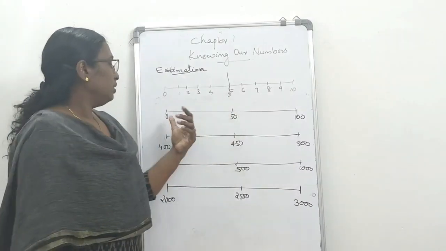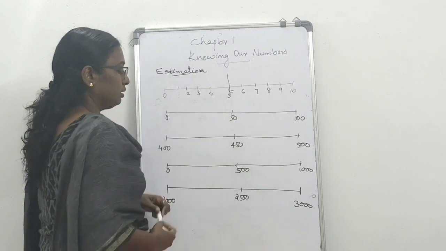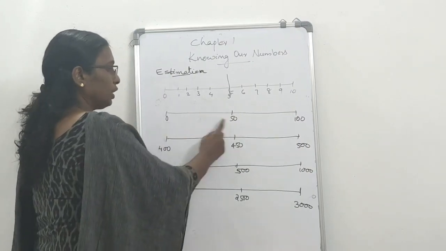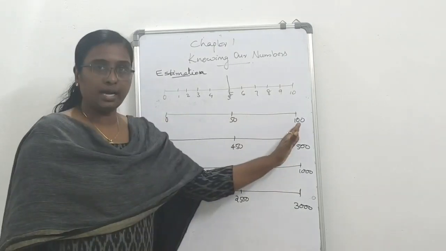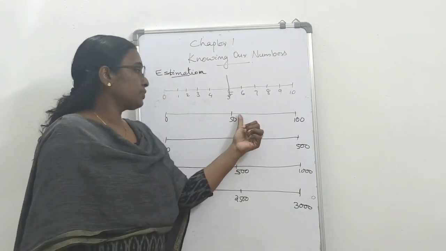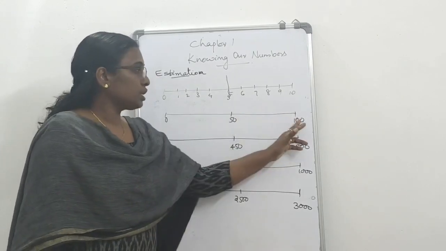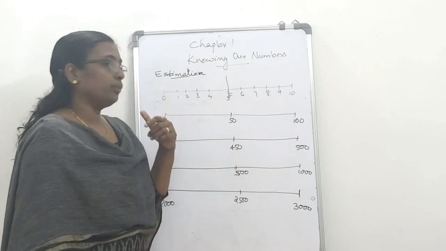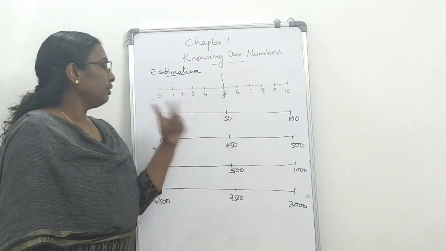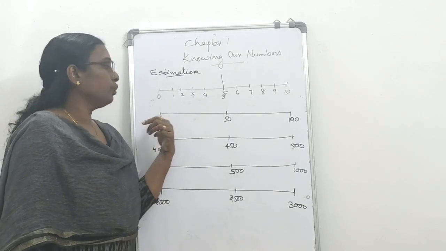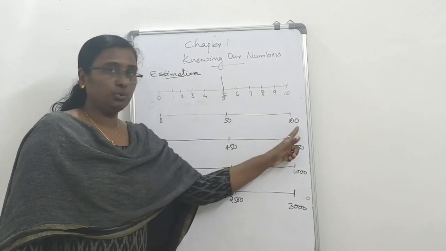Similarly, here the numbers between 0 and 50 are closer to 0 than 100. And numbers from 51 to 99 are closer to 100 than 0. Therefore, the numbers 1 to 49 are rounded off to 0 and 51 to 99 are rounded off to 100.